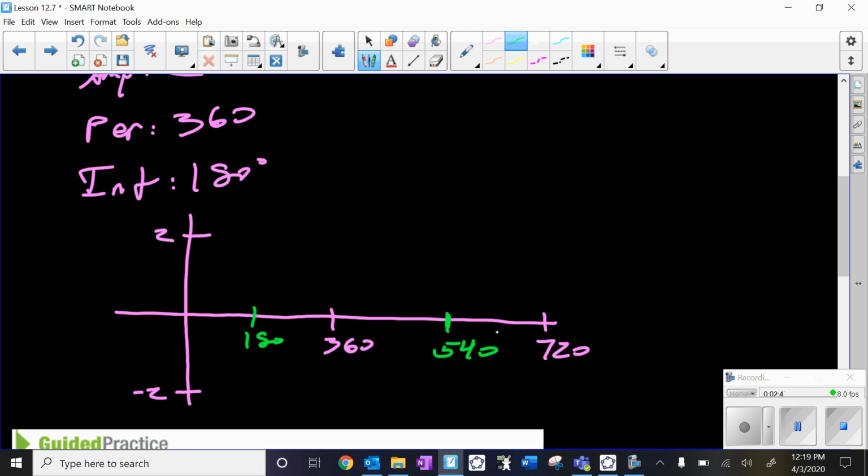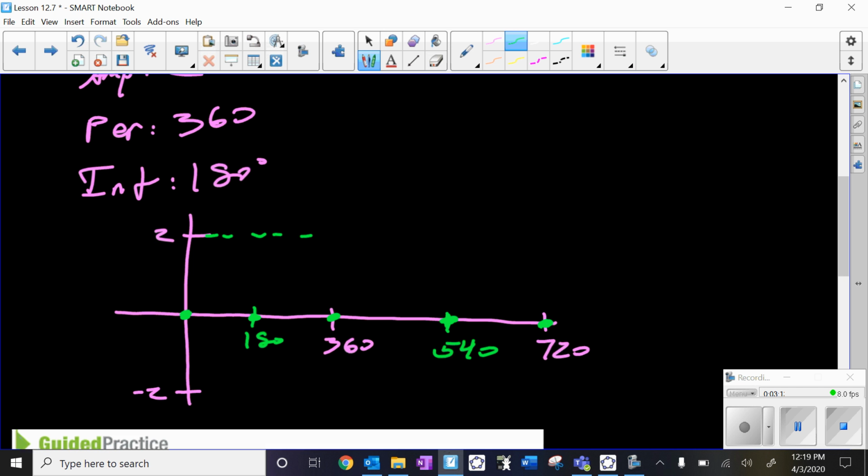Since we're dealing with sine, remember on our original function that we graphed, our height at 0 degrees was 0. At 360, we better be at 0. And at 720, we better be at 0. We're also going to be at 0 with our intercepts, which were 180 and 540.